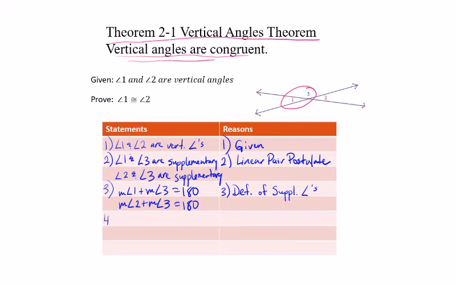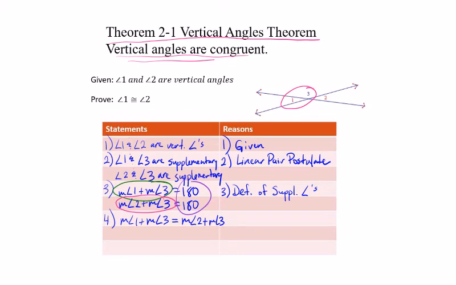Now that we have that, since this and this both equal 180, and since they equal the same thing, they must be equal to each other, right? So we can say that the measure of angle 1 plus the measure of angle 3 must equal the measure of angle 2 plus the measure of angle 3.